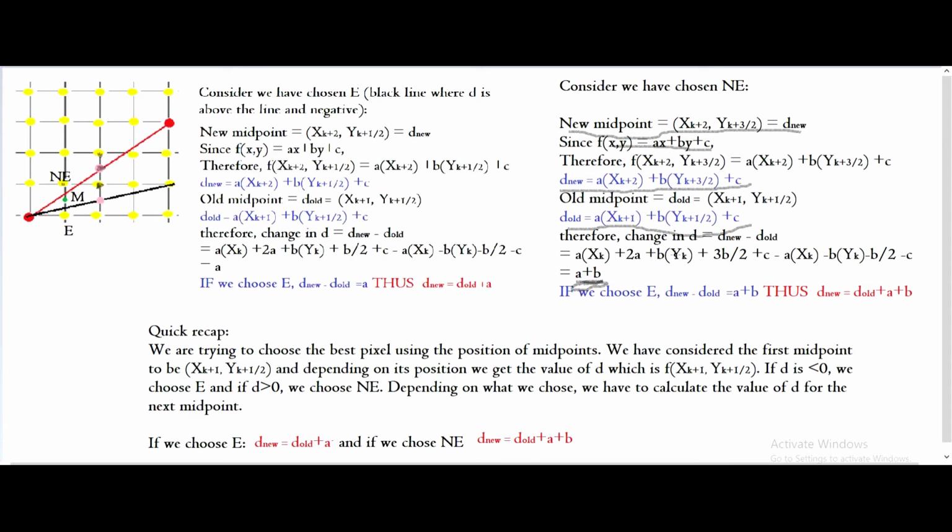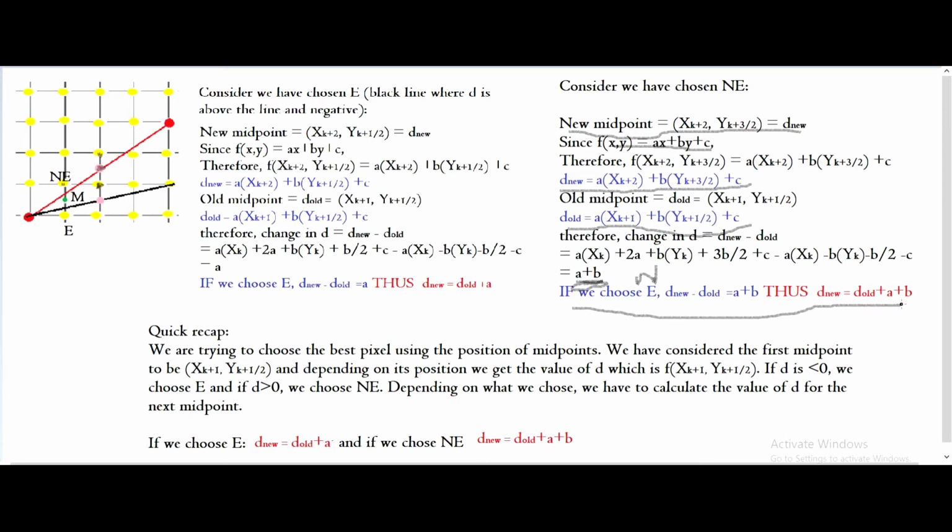I've written it all down for you. It's up to you to perform these calculations by yourself again, and it will become much clearer that way. Alright then, so if we choose NE, then our change in D will be equal to A plus B. So D new, the new value of D, will be equal to D old plus A plus B.